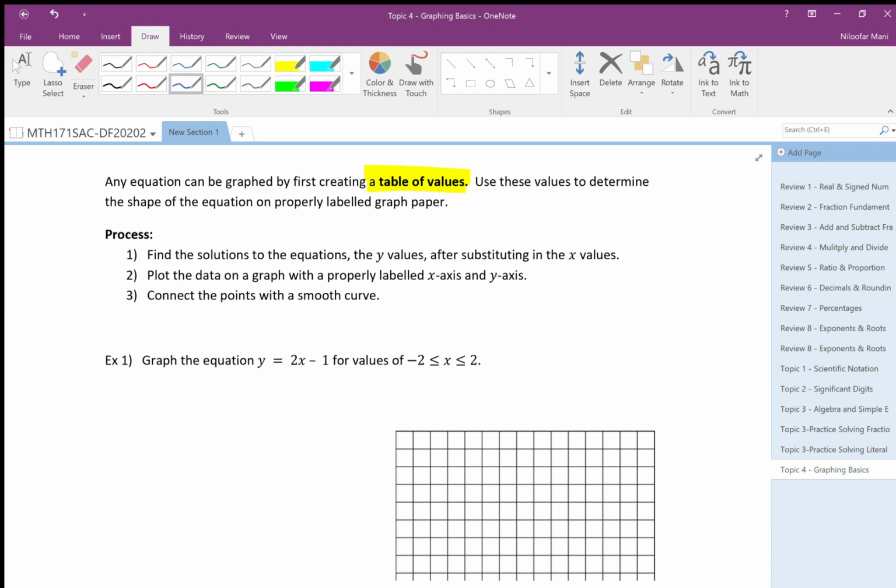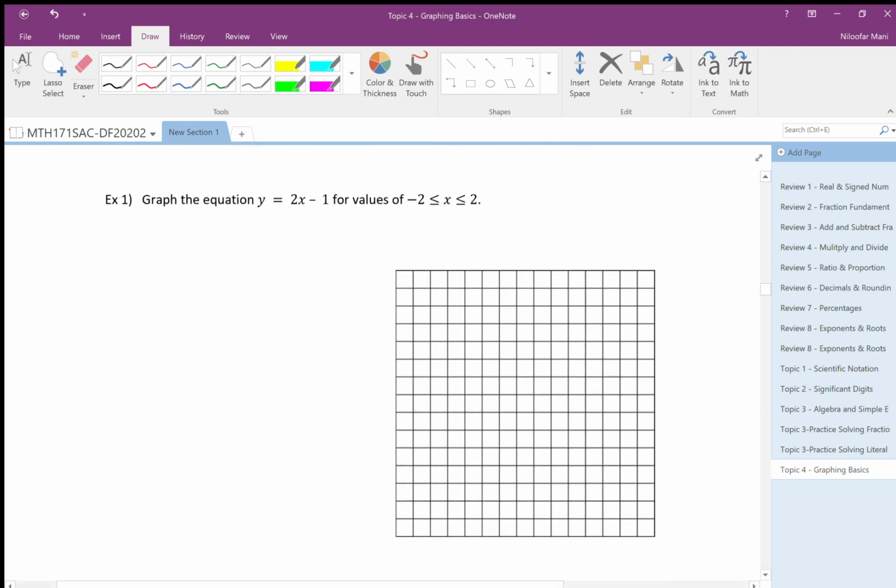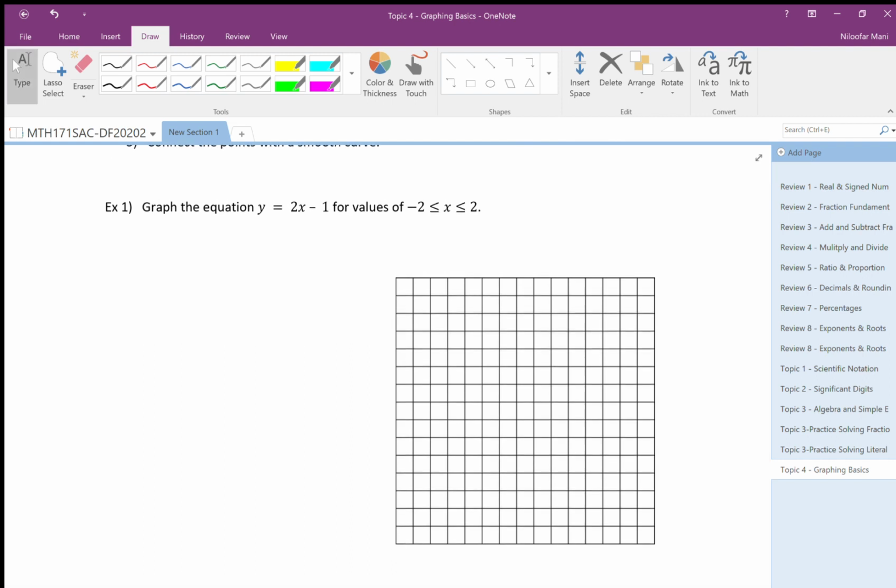In order to be the same, I give these values for x because we can choose anything we want. And usually, by agreement, when I want to graph a line, I use these values for x.